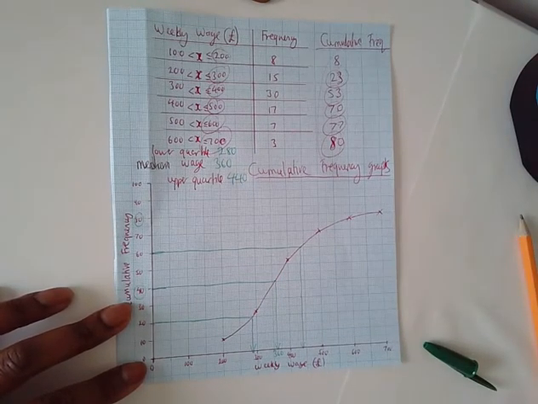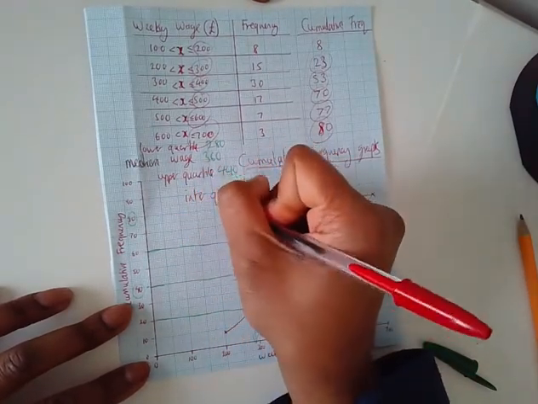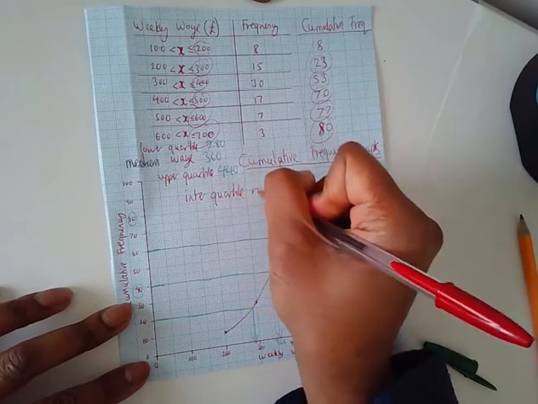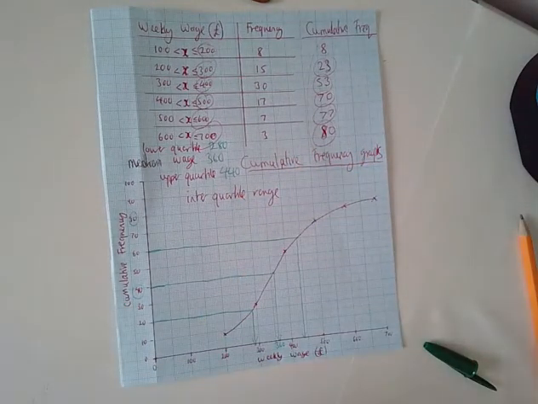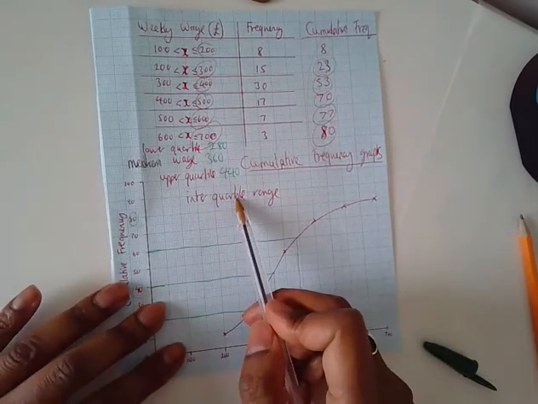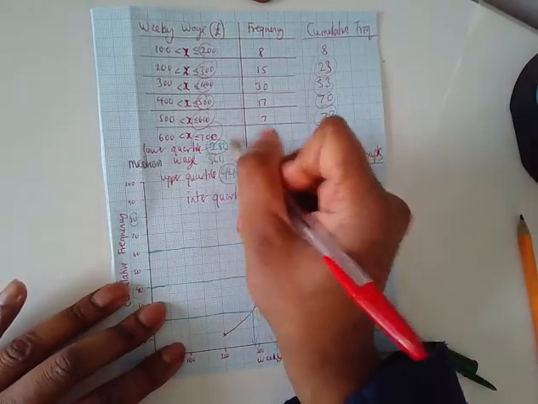Now, there might be a question where they ask you to work out the interquartile range. Range by itself means biggest take away smallest, so there's a takeaway involved somewhere. With the interquartile range, it has something to do with the quartiles.